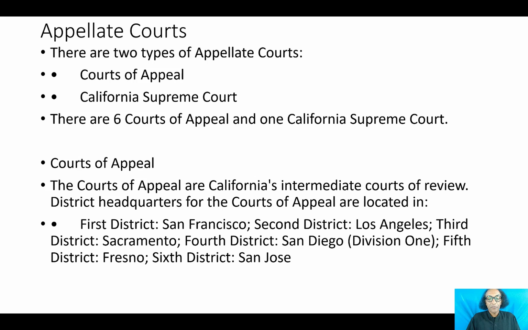There are 6 courts of appeal and 1 California Supreme Court, and the courts of appeal, in much the same way as the courts of appeal at the federal level, are also intermediate courts of review, and they're divided into 6 districts. We happen to be in the 4th district, Division 3.